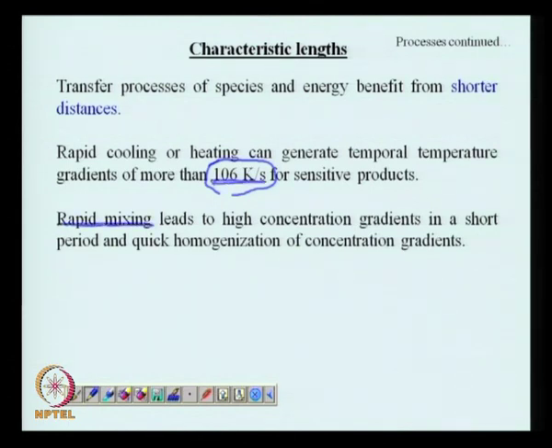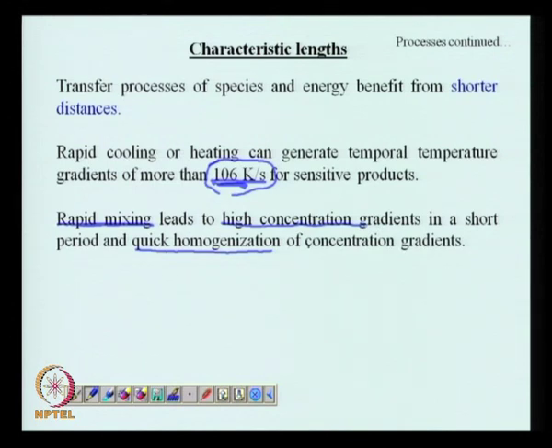Rapid heat transfer gives rise to gradients where the linear relationship of the transport relations needs to be expanded, and we get a situation in which the concentration gradient would be very high, like the temperature gradient here is high, and this would lead to rapid transport such that this is going to give rise to quick homogenization.